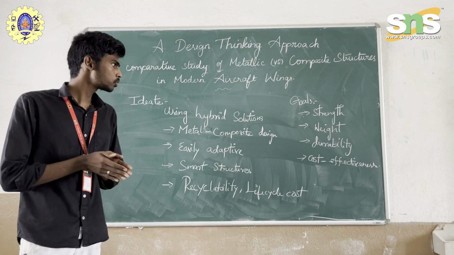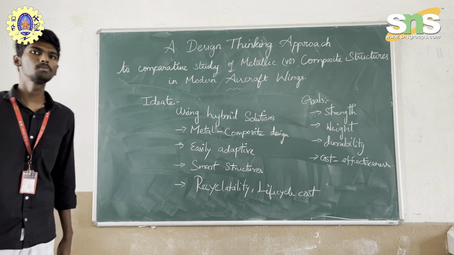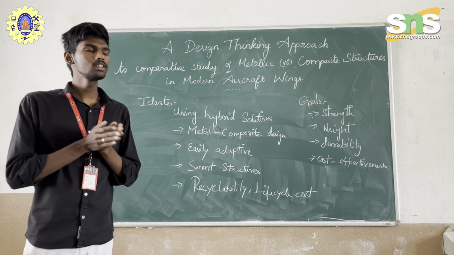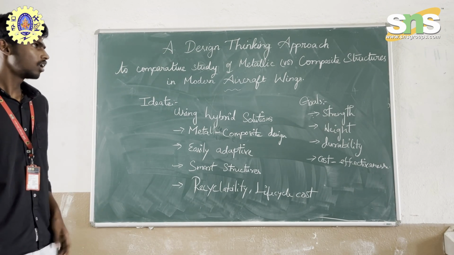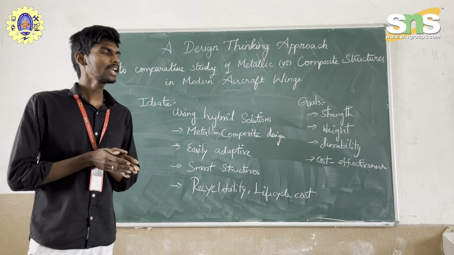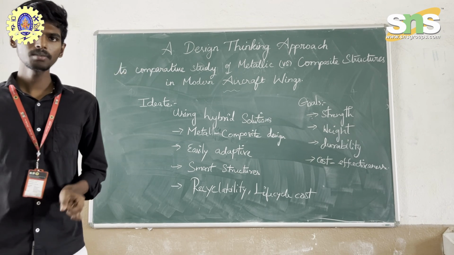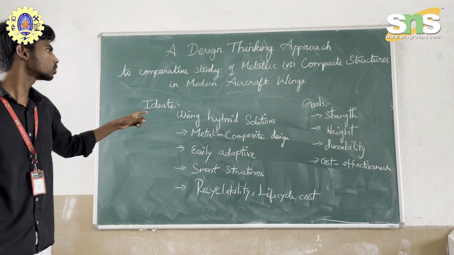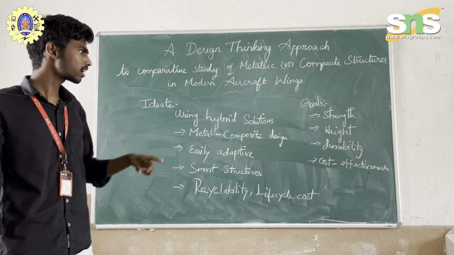Using metal composite designs enhances the strength, weight, durability and cost effectiveness of the wing structure compared to the traditional wing structure, and it is easily adaptive. The traditional wing structure is made of either metal or composite material, but we can use this hybrid solution, which is really helpful for aircraft wings.